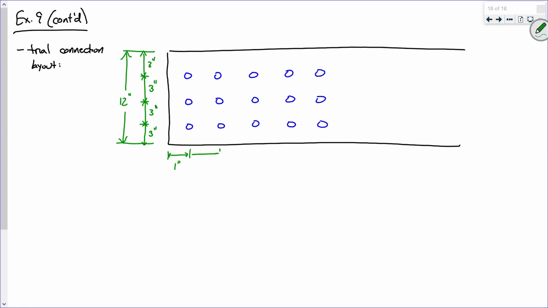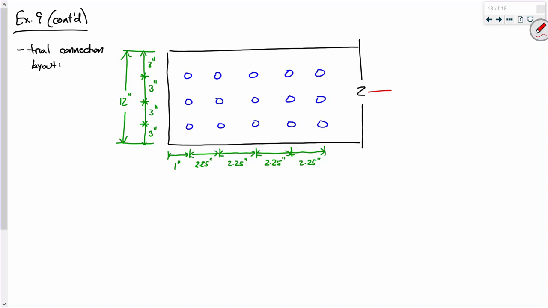And then, what are each of these? 2.25. There's my design.